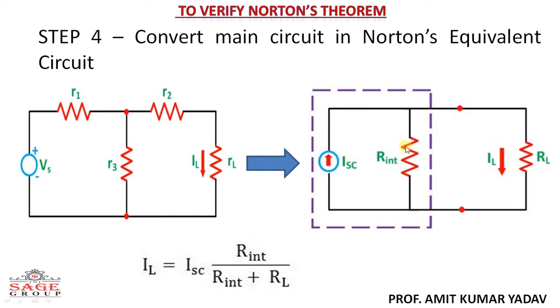So this is the Norton equivalent circuit diagram for this circuit, and from here we can say that the load current equals ISC times RINT upon RINT plus RL. So this is the final statement for the load current.